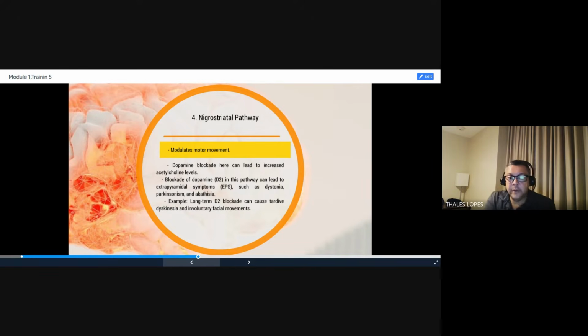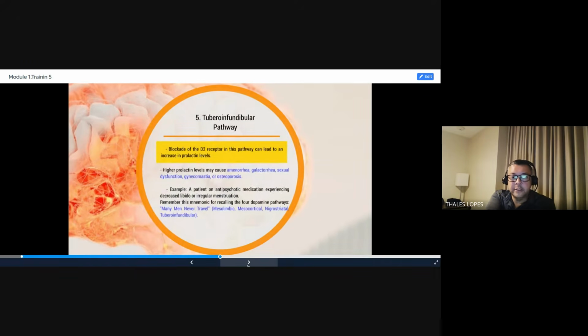Now, the fourth pathway. We mentioned the nigrostriatal pathway; the fourth pathway is the tuberoinfundibular pathway. When we say the tuberoinfundibular pathway, we have to look at which dopamines are involved here.